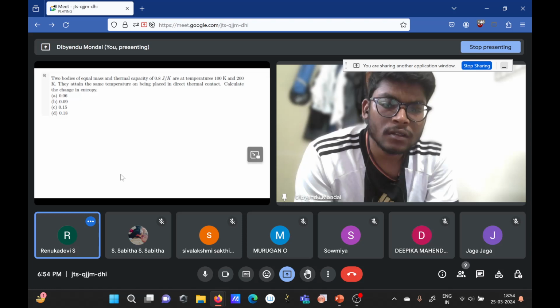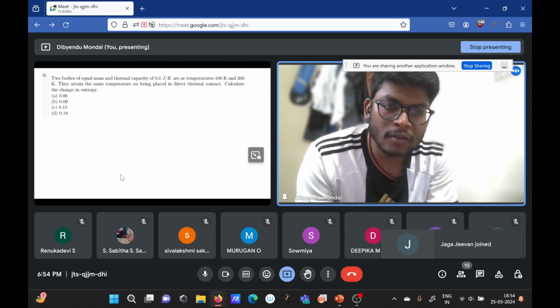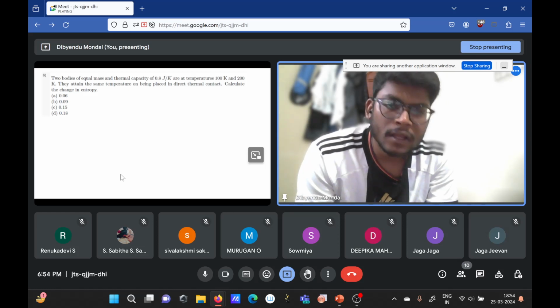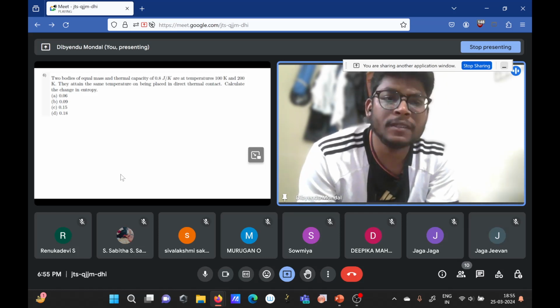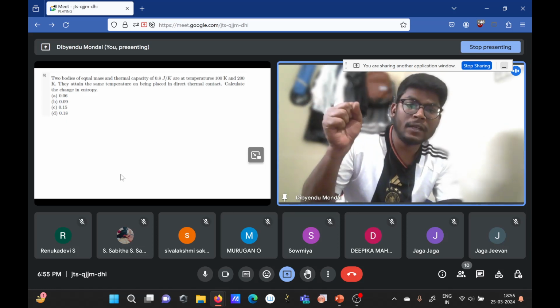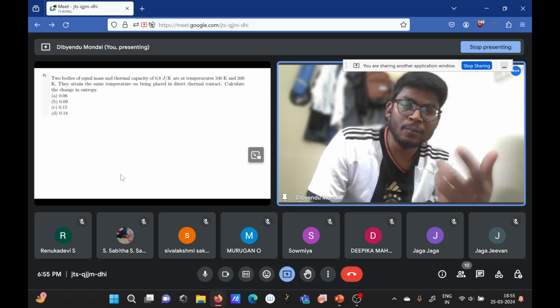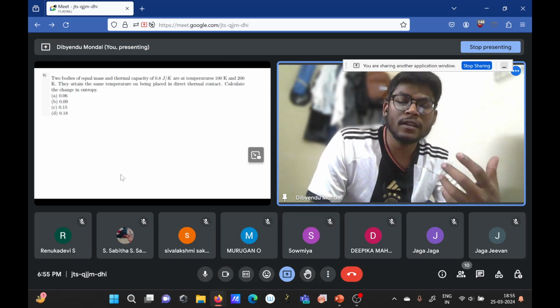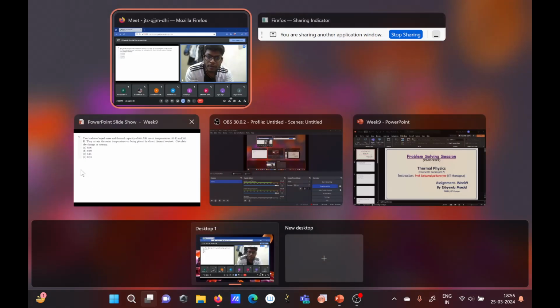Their temperature will be the same, right? Since they are in thermal contact, after some time they will be in thermal equilibrium. The temperature will be 100 plus 200 divided by 2, because they are of same mass, same heat capacity. The amount of heat the hotter object releases, the same amount the cooler body will take. So that temperature will be same.